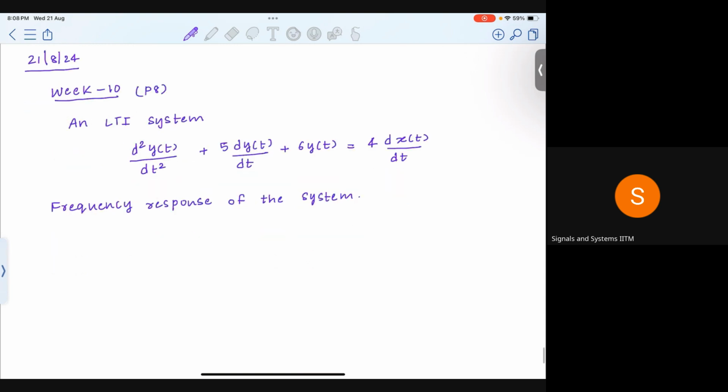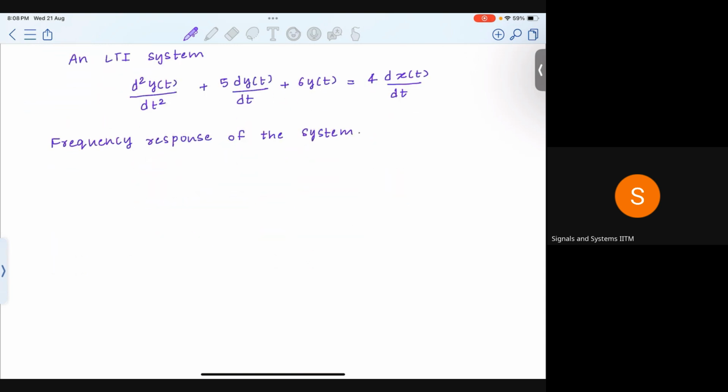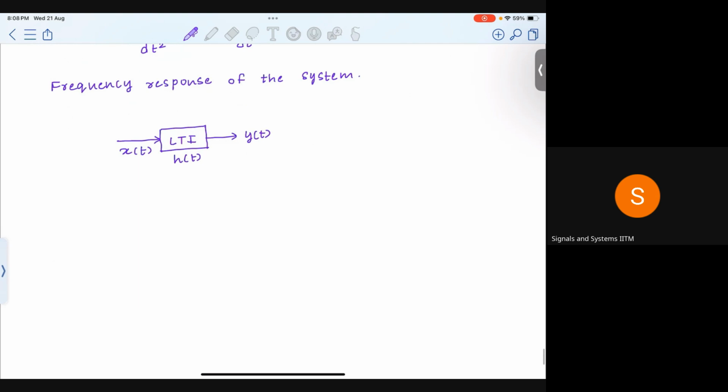So what did we learn regarding an LTI system? If x of t is the input to an LTI system, its output is y of t, and the system is defined by its impulse response h of t, and y of t is nothing but the convolution of x of t with the impulse response of the system h of t.